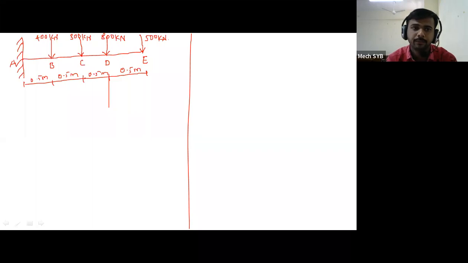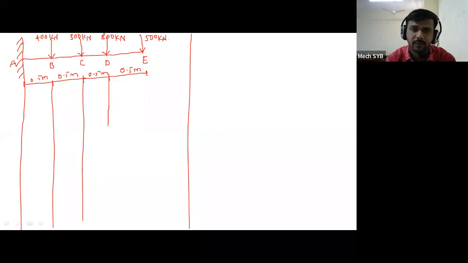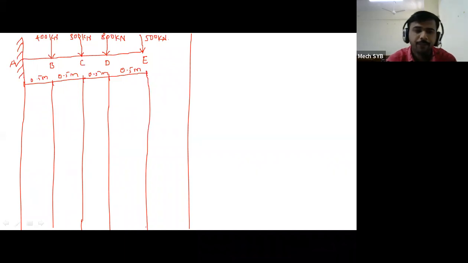So here you have to take this particular projection lines as it is below the loading diagram. So these are the projections. Here there is no need to draw the loading diagram once again, because the beam is subjected to only point loads.